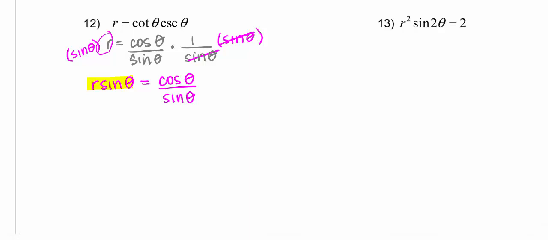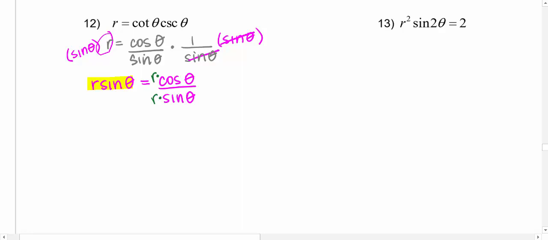Yes, but my whole goal here is to get this into x's and y's, to get this into the rectangular mode, or Cartesian mode, not polar. So you're trying to get rid of all r's and all thetas. Well, I know that for every sine theta, I'd really prefer for it to be r sine theta because then that's my y value. So I'm going to multiply the numerator by r if I multiply the denominator by r.